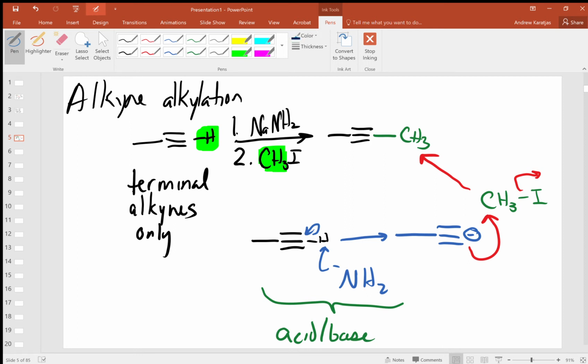The second step, and this terminology may or may not be familiar to you at this point, but this second step we call an SN2 reaction. And if you haven't taken Organic 2 yet, then that name is probably not familiar to you yet. But when you get to Organic 2, this is actually the very first reaction that we're going to cover.